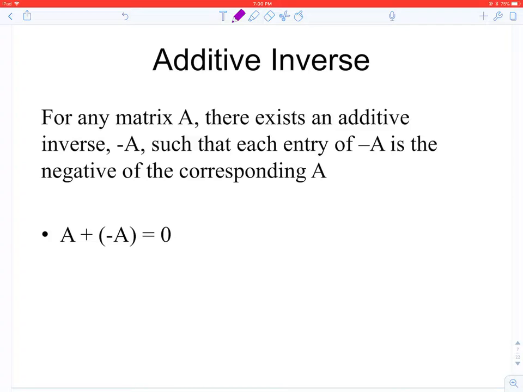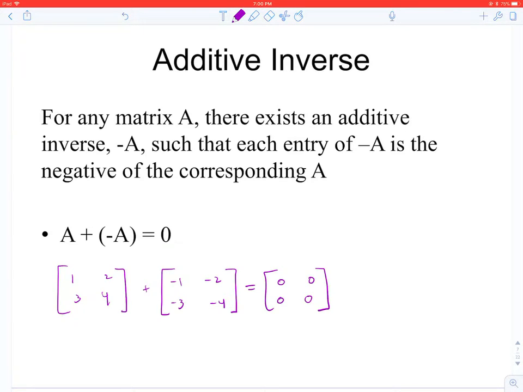Okay, so for any matrix A, there exists an additive inverse, negative A, such that each entry of negative A is the negative of the corresponding entry of A. So for example, if we were to add A and negative A, where negative A would just be matrix A but with each element the opposite sign, we would end up with a zero matrix.